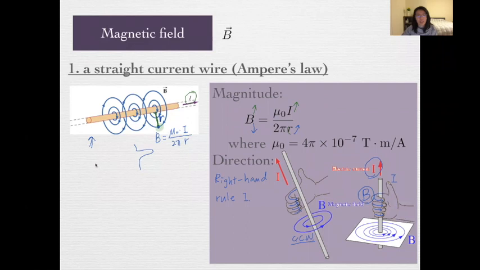Imagine there's a wire here. By curling your four fingers, you can tell the current is going to the right, and the direction of the magnetic field will be going this direction.